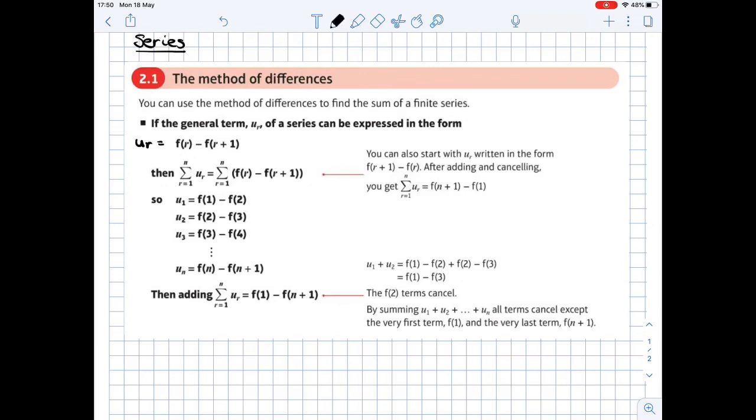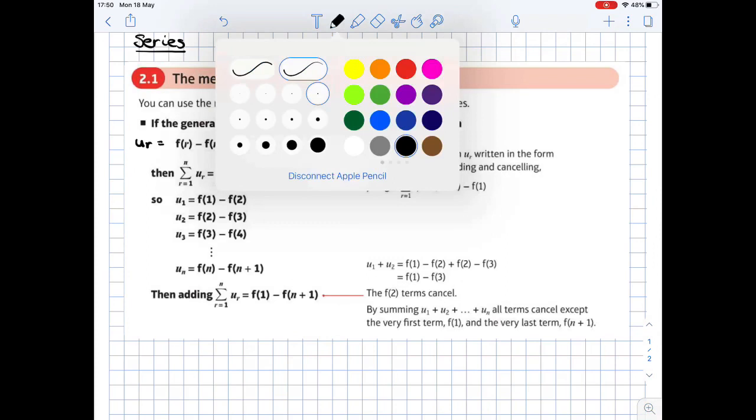What you will find is that when we write this out, the first term is equal to one term minus another, the second is one term minus the next, the third term is equal to this term minus the next, and so on. It all gets a little bit complicated here. However, when we actually write this out, it becomes quite obvious, because you'll start to notice that a lot of these terms just cancel.